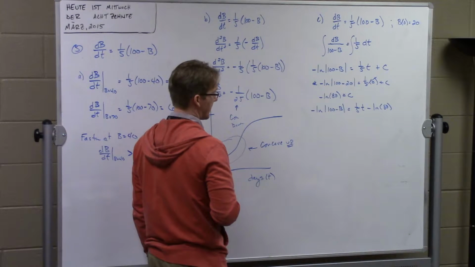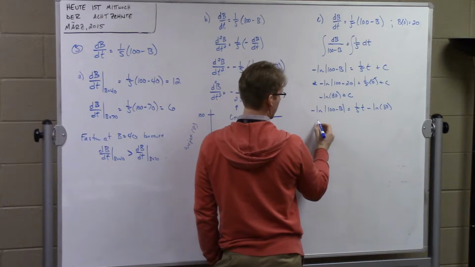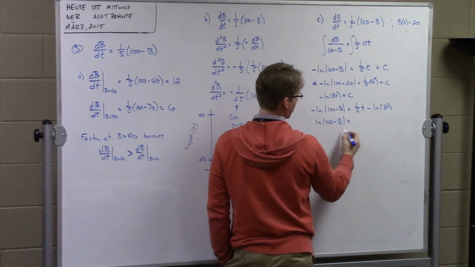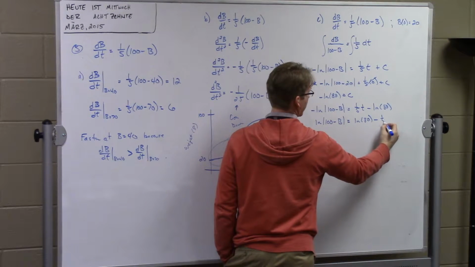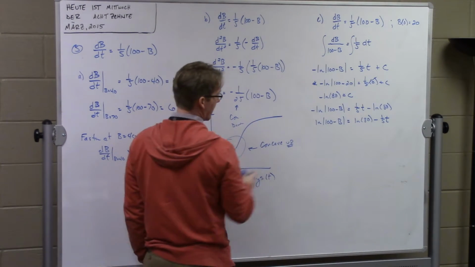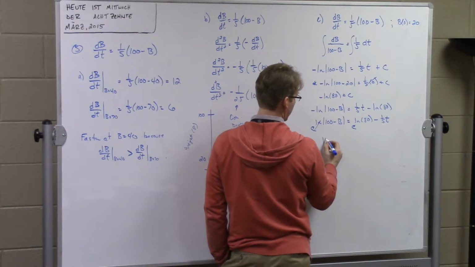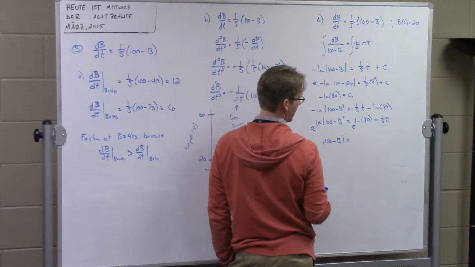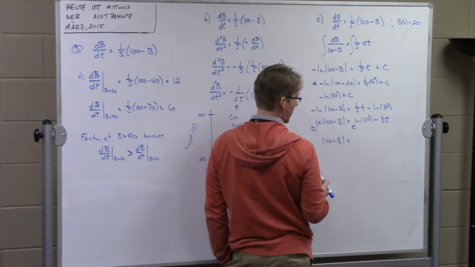Multiplying by negative 1 across the board, natural log of 100 minus B is equal to natural log of 80 minus 1/5 T. Get rid of this with an e. So we get the absolute value of 100 minus B is equal to... Okay, how many steps can you handle in one?